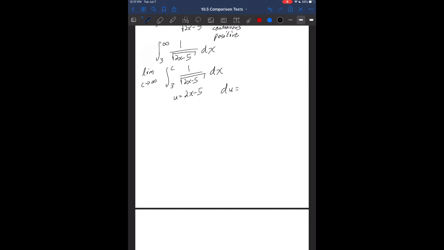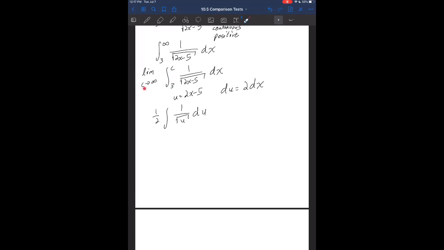So doing this, I have my du is going to be equal to 2 dx, because the derivative of 2x minus 5 is just 2. And so I actually have this integral of 1/2 times 1 over the square root of u du.